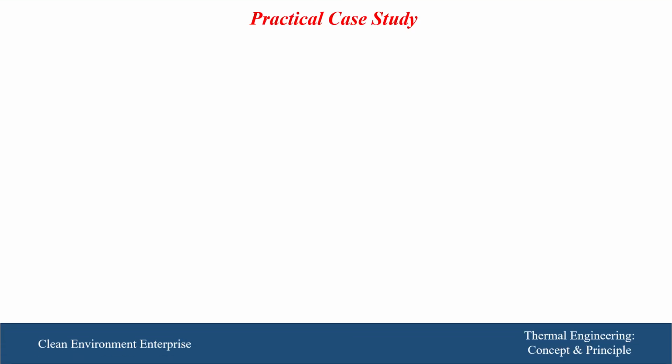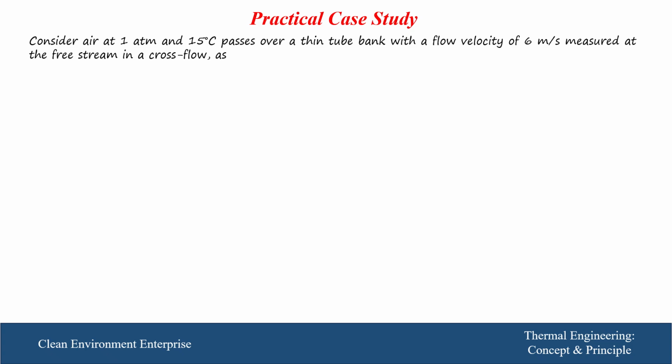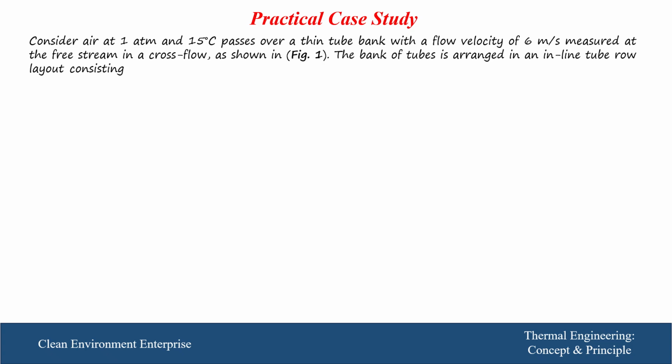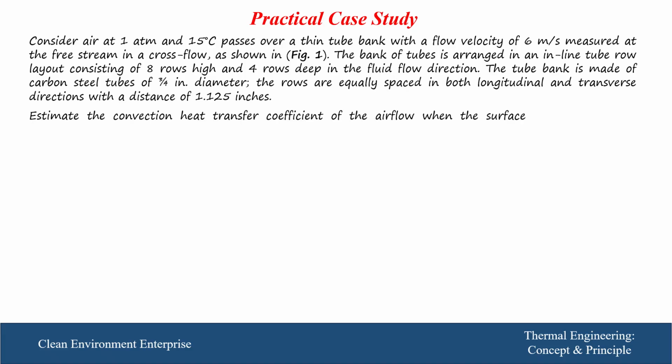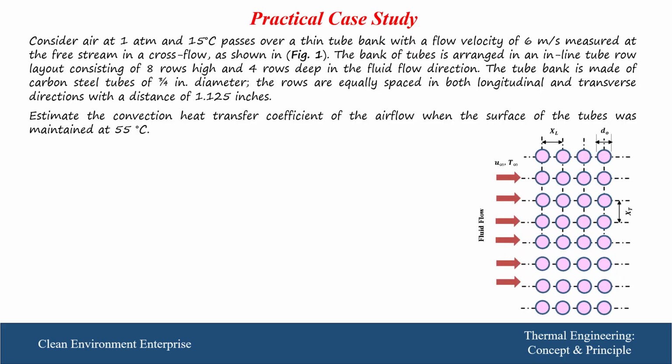Practical case study. Let us consider air at 1 atmosphere and 15 degrees centigrade passing over a thin tube bank at a velocity of 6 meters per second, measured at the free stream, in a cross flow, as shown in figure 1.